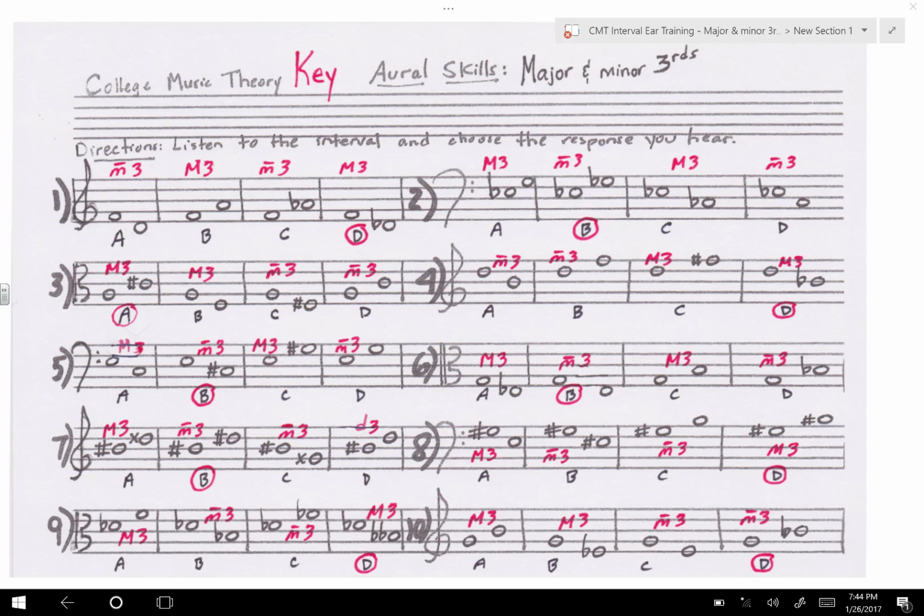Okay, moving on to number 4. We have a minor third descending, a minor third ascending, a major third ascending, and a major third descending. The major third descending, choice D, is the correct response. Here's what we heard. Here's 4A, minor third descending. It's going to sound like sol, mi.